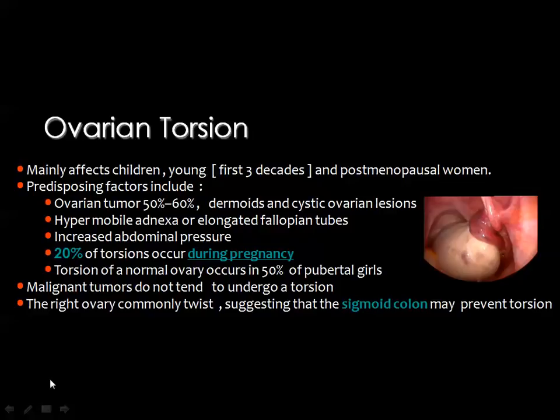Then malignant tumors do not tend to undergo torsion, of course, because of the invasion and infiltration of the surrounding, making the ovary immobile. Then the right ovary is a common site for torsion, and it is suggested in the literature that the sigmoid colon may have a role in preventing torsion of the left ovary.